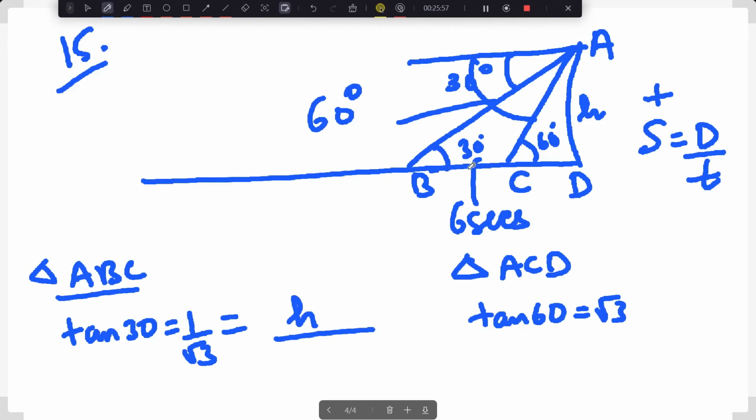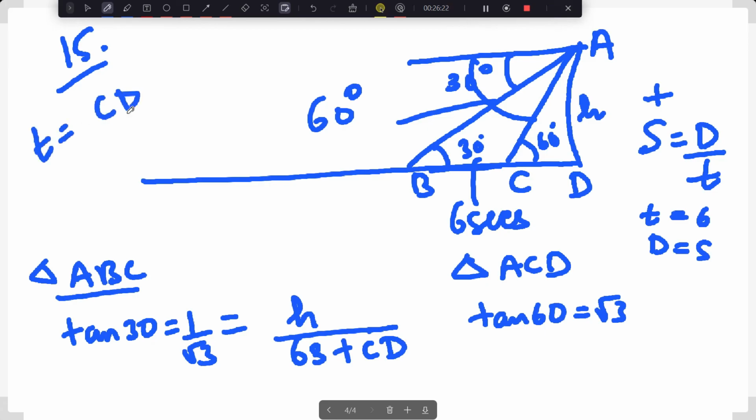Tan 30 क्या है h by. Now what is the distance? If this time is 6 seconds, distance will be 6s. So BC will be 6s plus CD. We need to find the time taken to cover this. What will that be?